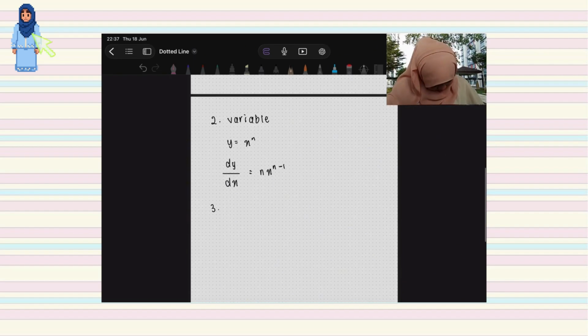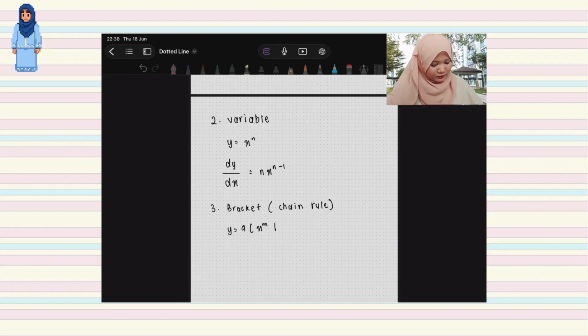The third one is bracket, which is the chain rule. So y equals a open bracket x to the power of m plus x to the power of n close bracket to the power of k.